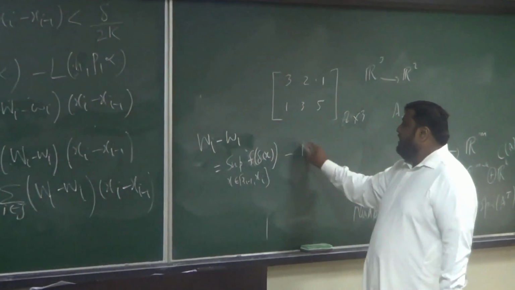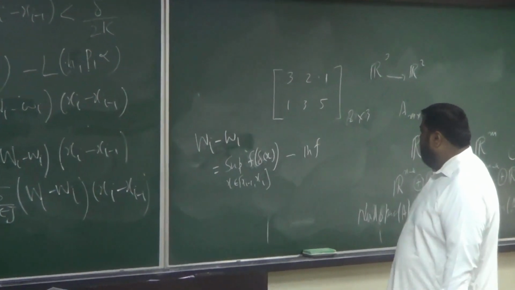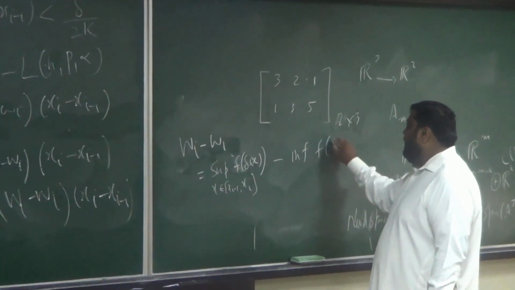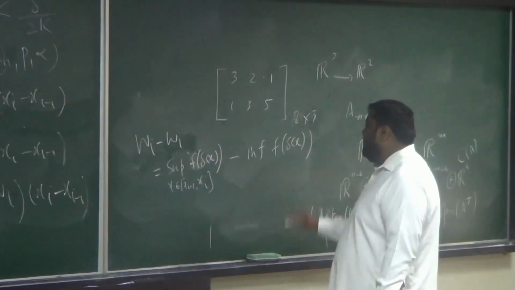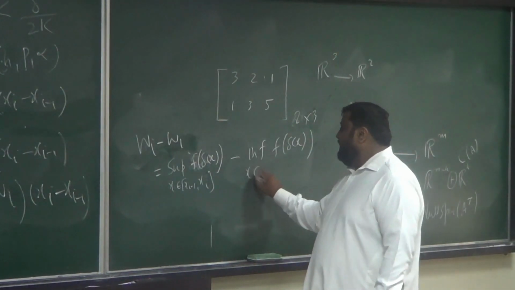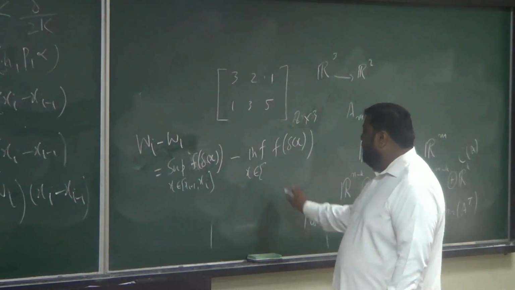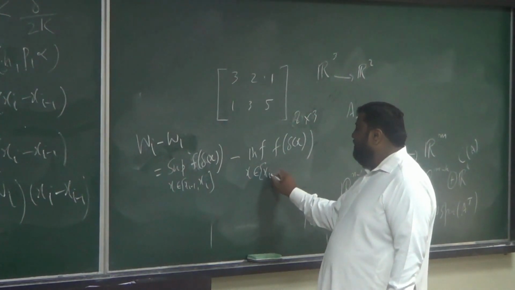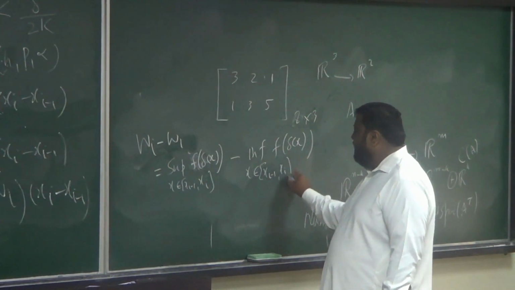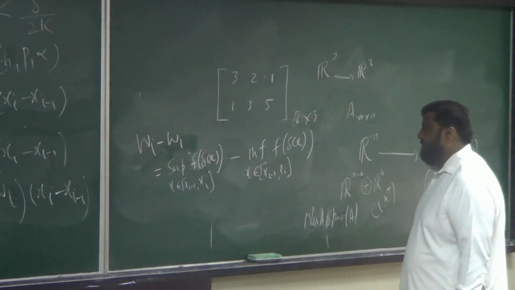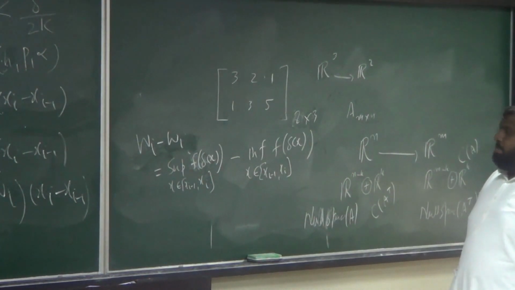And this one is the infimum of f of g of x when x is running between x_{i-1} and x_i.